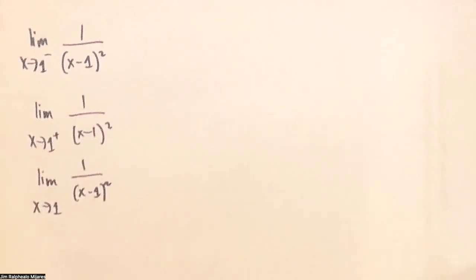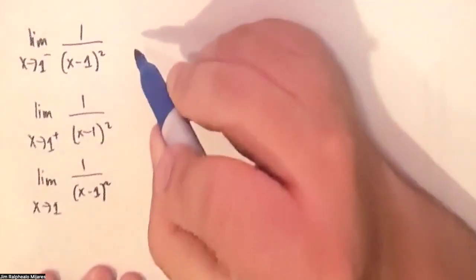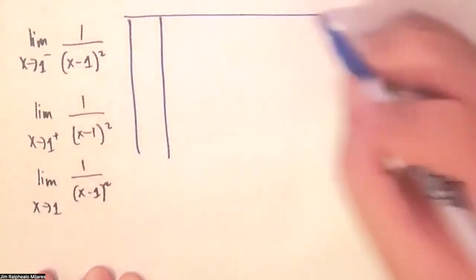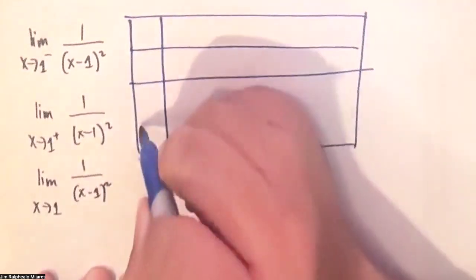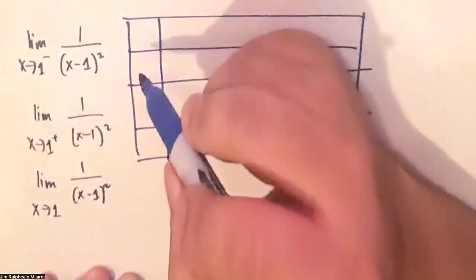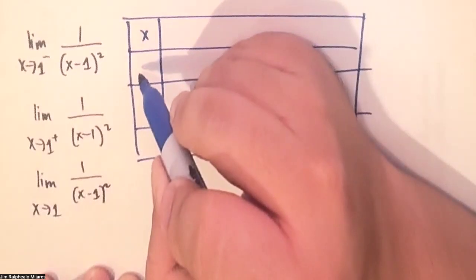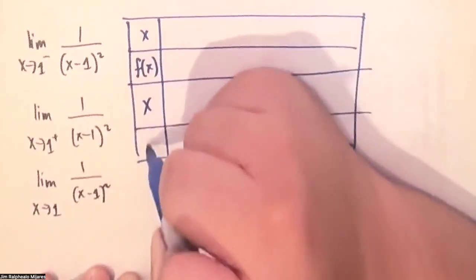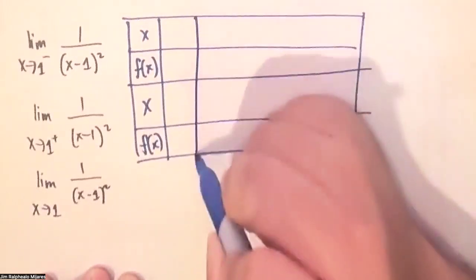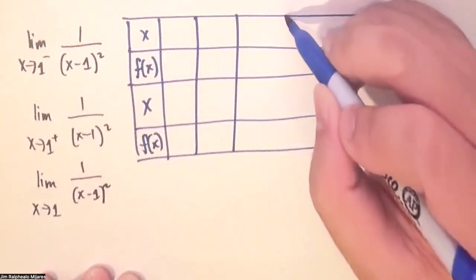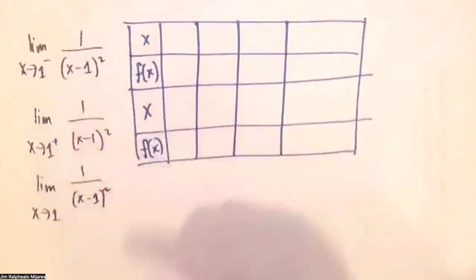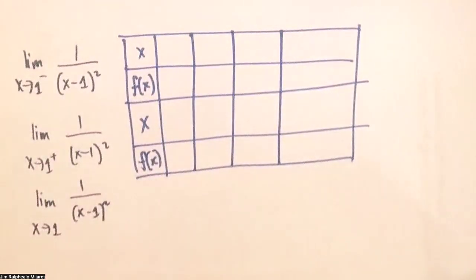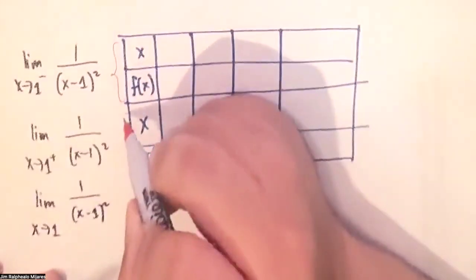Now, if we're going to do the table of values, there's an x here and an f of x here. Let's focus on this one first, so this is for the first one and this is for the second one.